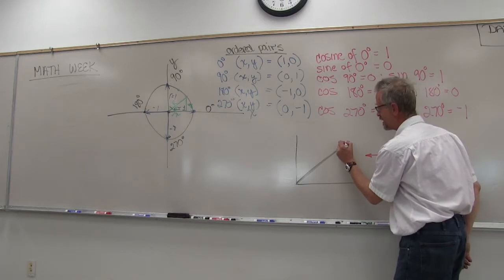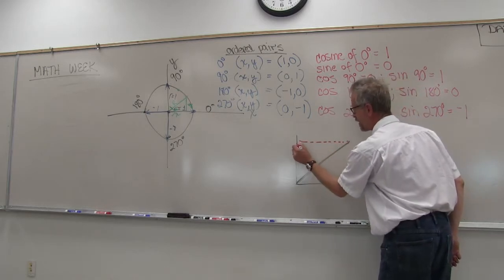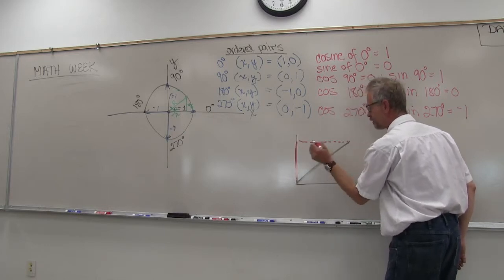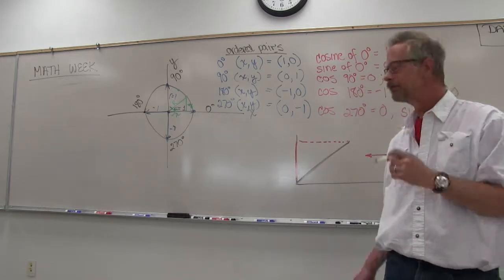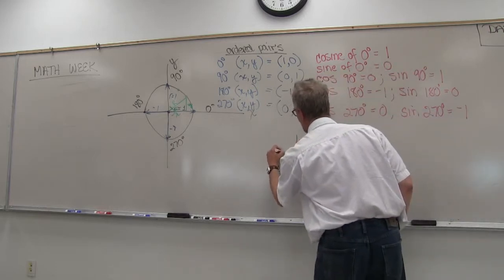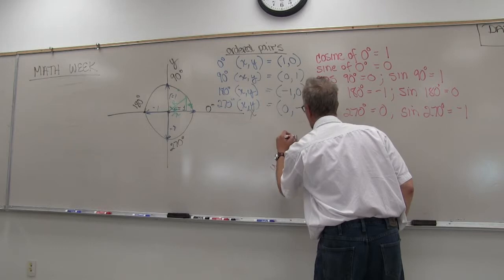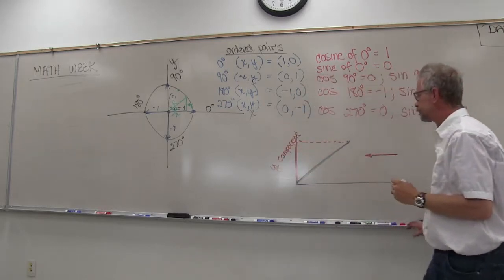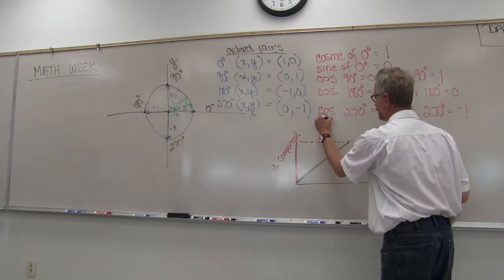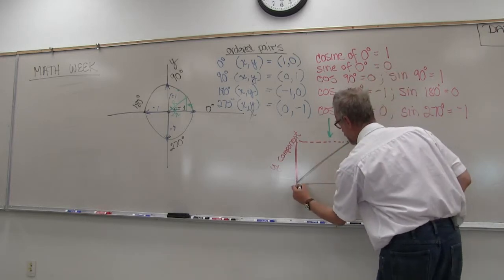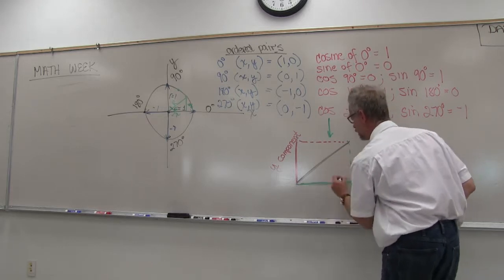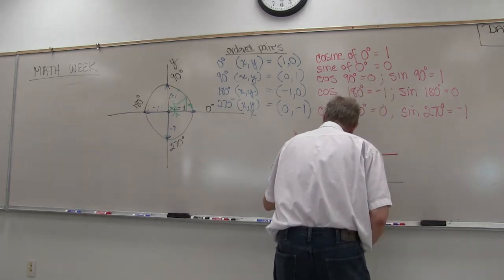When I aim that light, what's going to happen is that pole is going to cast a shadow this big. And that is what we're going to call the Y component. When I shine a light from above, it's going to cast a shadow this long. And that is what we call the X component.